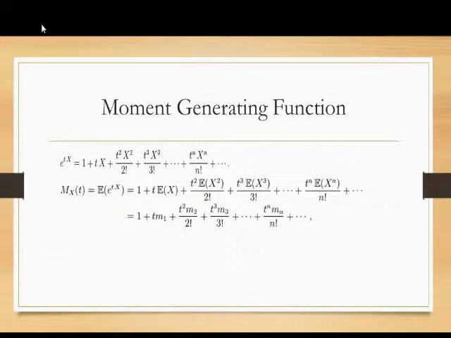So now when you take the expected value of this, there are some very fancy formal mathematical issues involved here. This is an absolutely convergent series. What that means is that for most random variables, the tail end terms become very, very small.